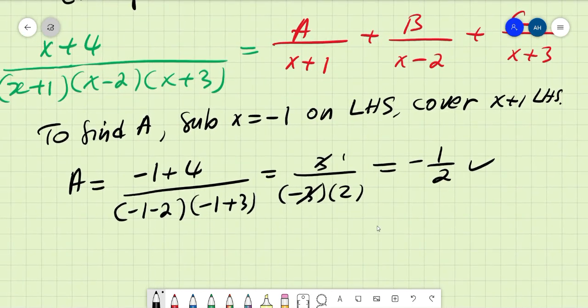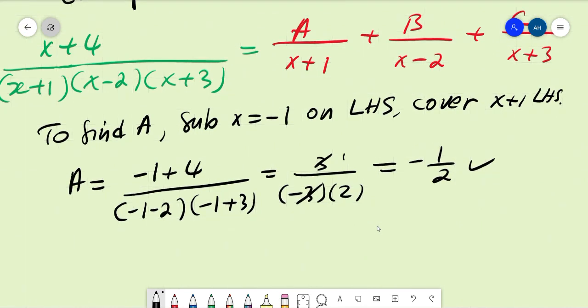Now for b, we do the same process. To find b, we substitute x equal to 2 on the left hand side, and cover x minus 2.